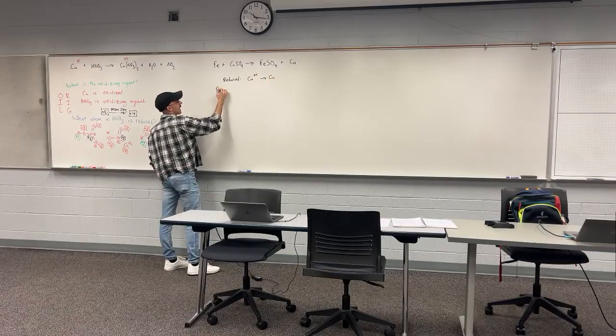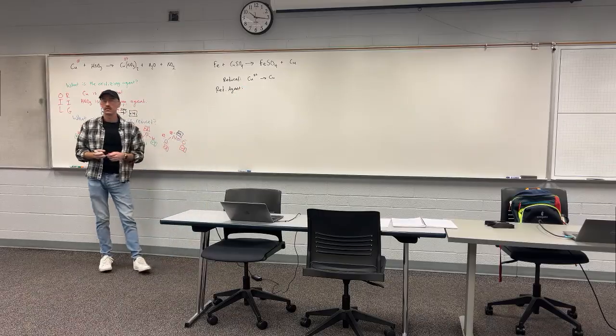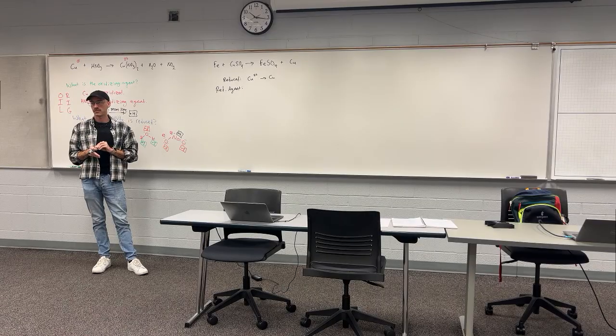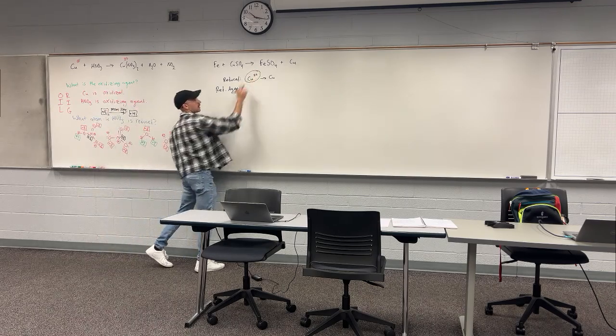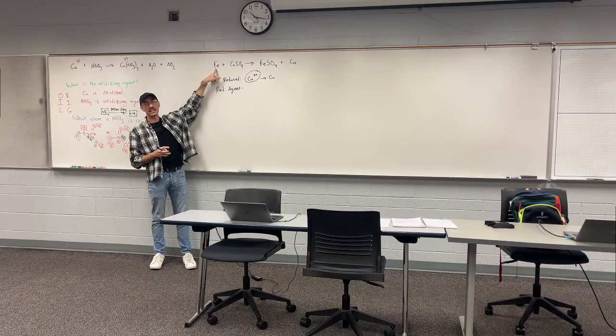So the reducing agent, iron. Should I put Fe or should I put Fe2 plus? Which one is giving the electrons away? If this is my element reduced, what is doing the reducing?